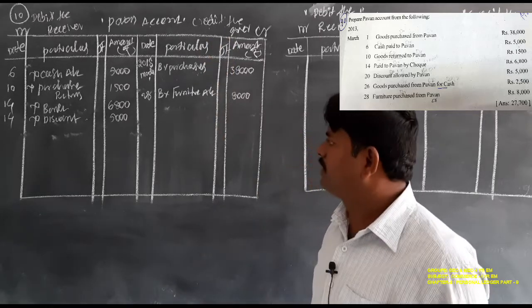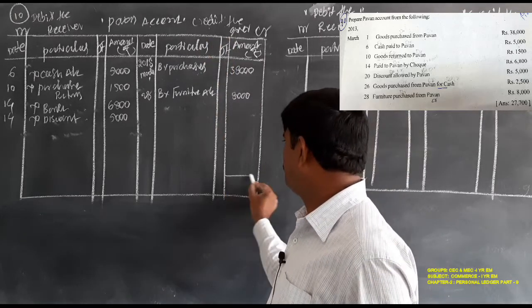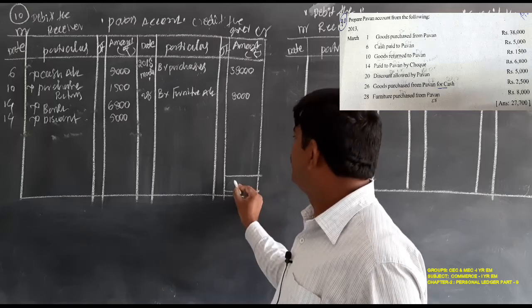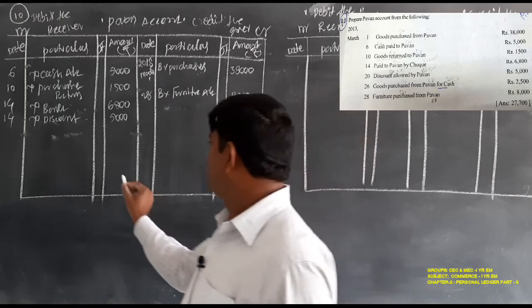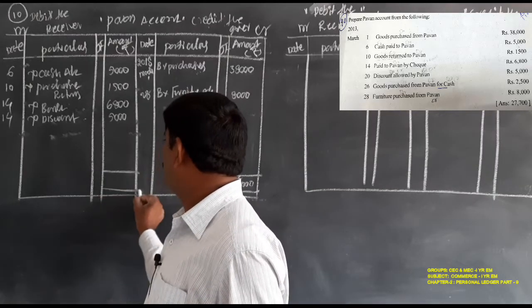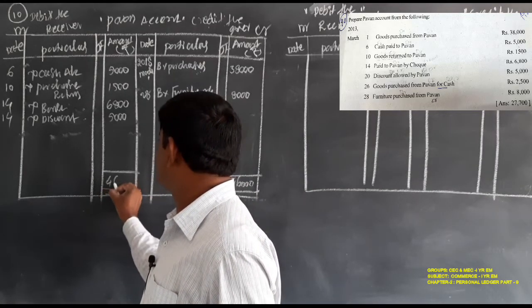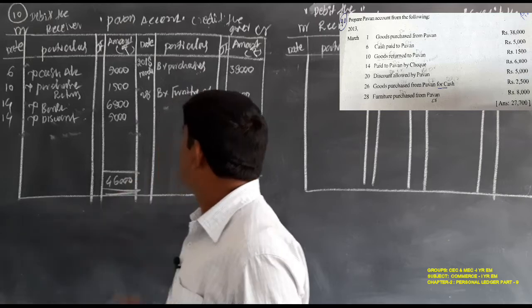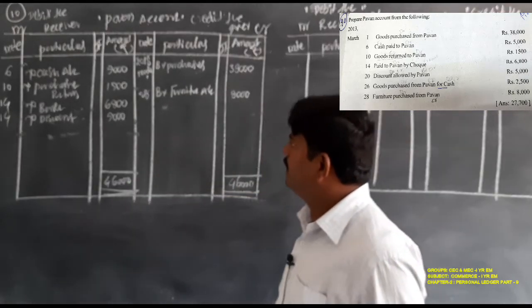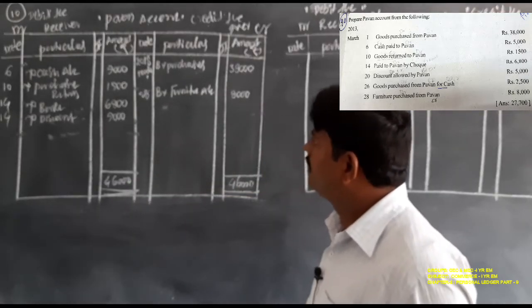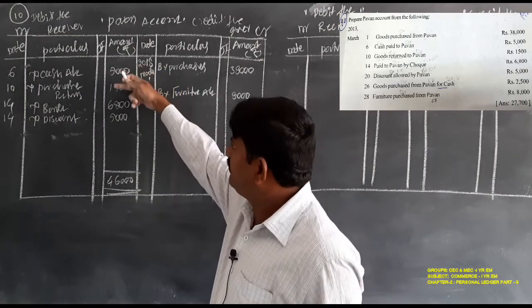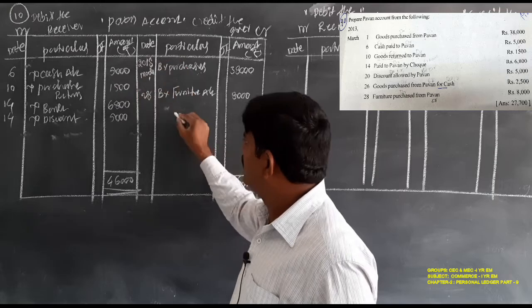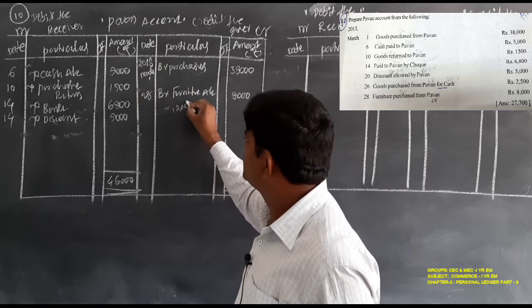So first total them, 46,000 rupees. Here also 46,000 rupees. And total them.